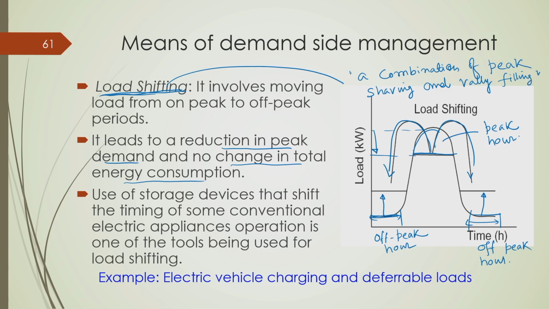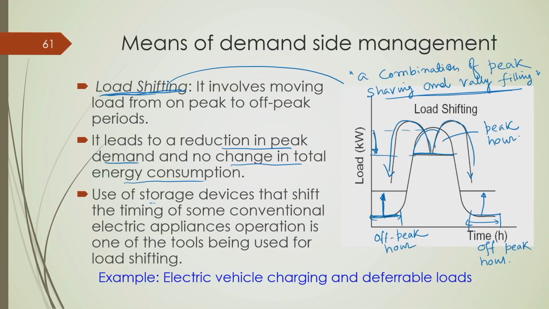So, this is a concept which can serve this dual purpose. They can reduce the peak demand to that much, and they can increase the off peak demand to that much. So, both purposes will be fulfilled.